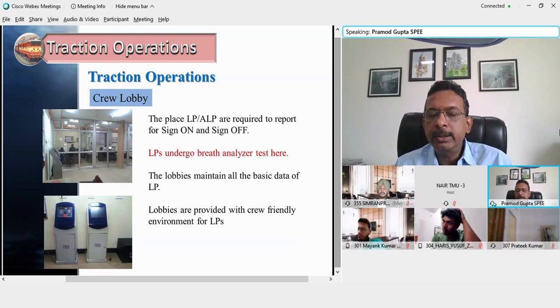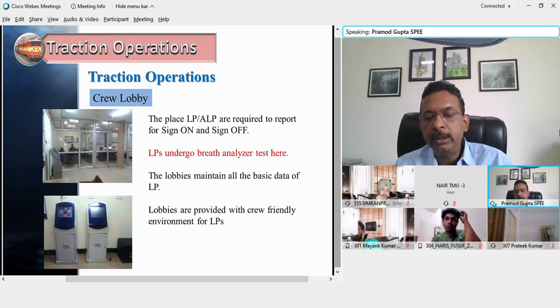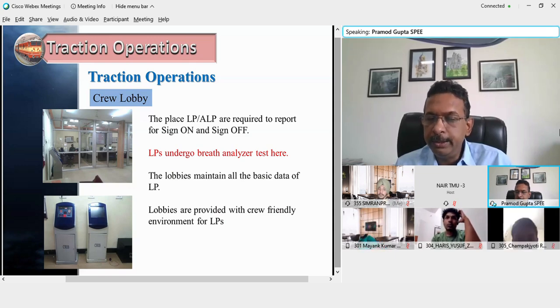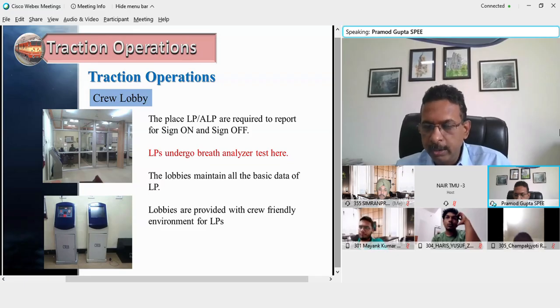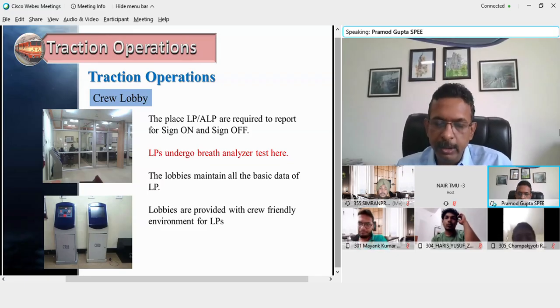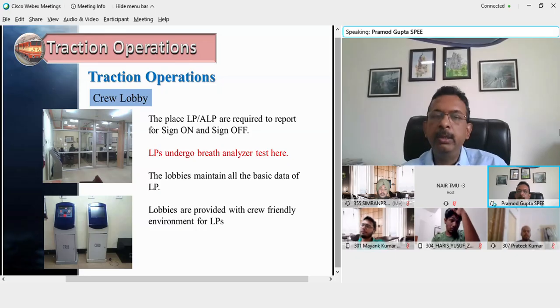And all the instructions and manuals are available in digital form for him to read or to update his knowledge. He can see the caution orders in digital form, and he can also look at the section which he is supposed to travel during his journey. A lot of crew-friendly environment has been created in a crew lobby.